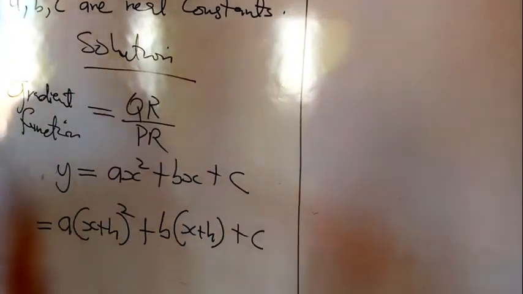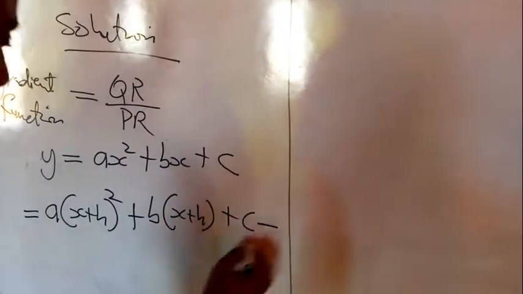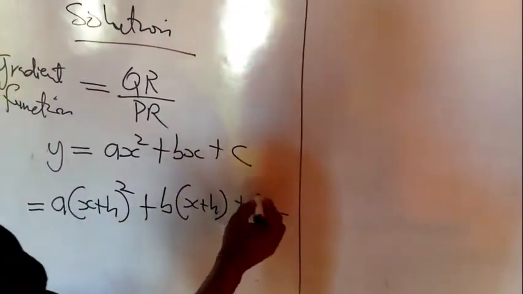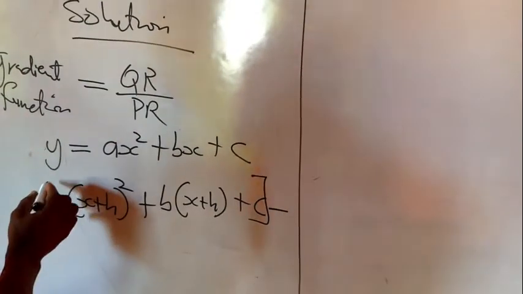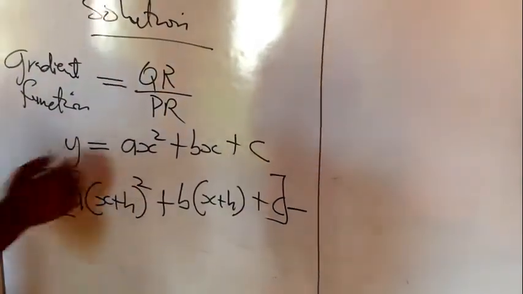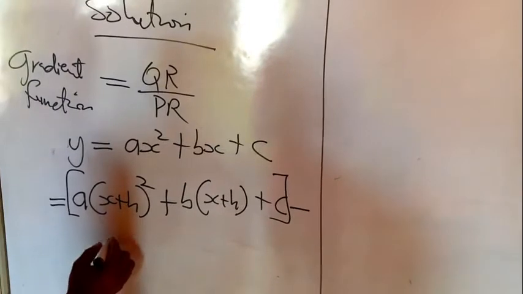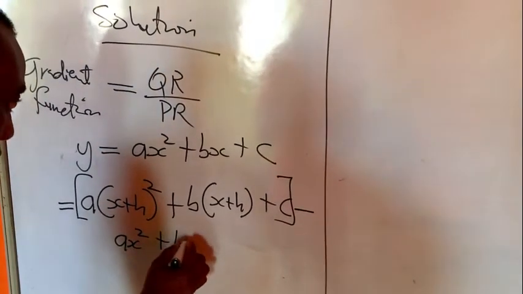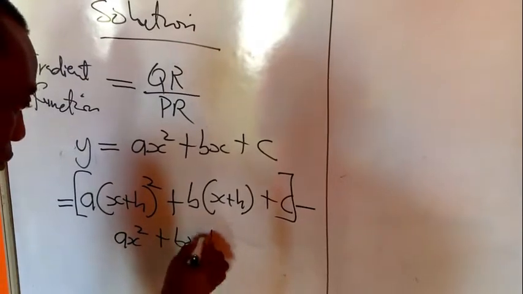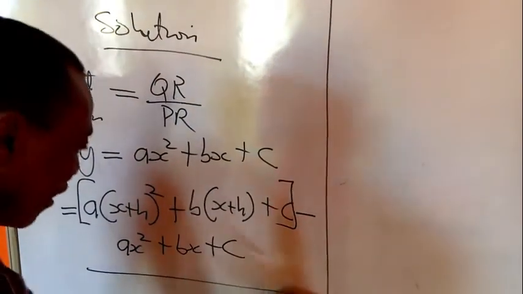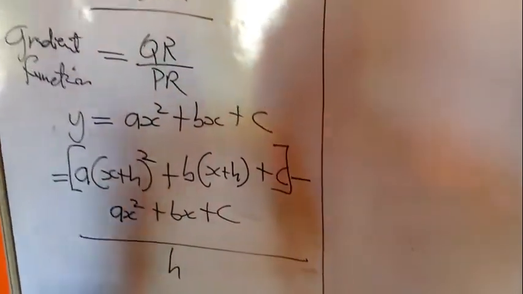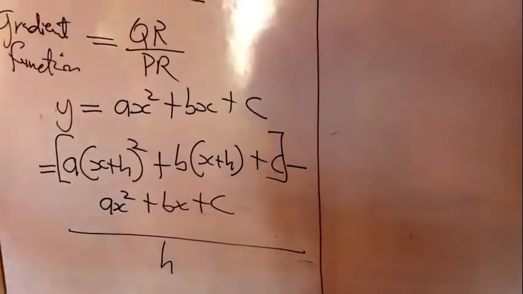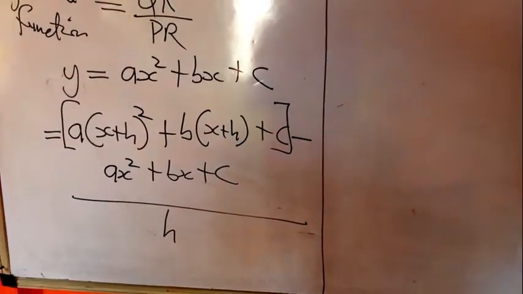So that is your y2, minus y1, which is ax raised to power 2 plus bx plus c. So you are used to it now, all over h. So this is the guiding principle now. We have started eliminating some minor steps.